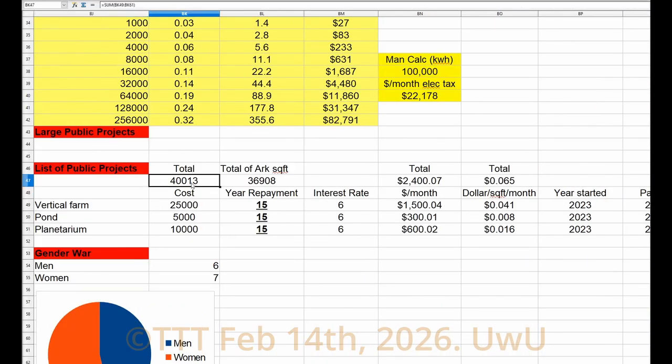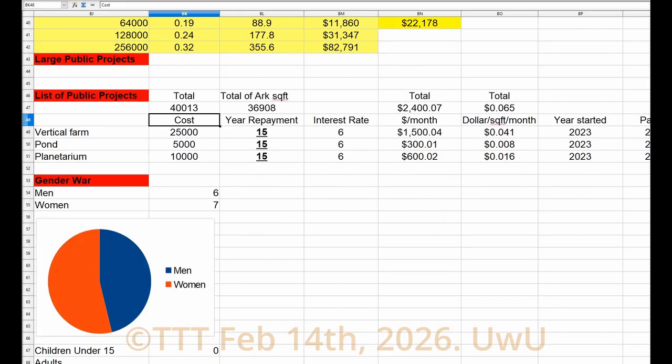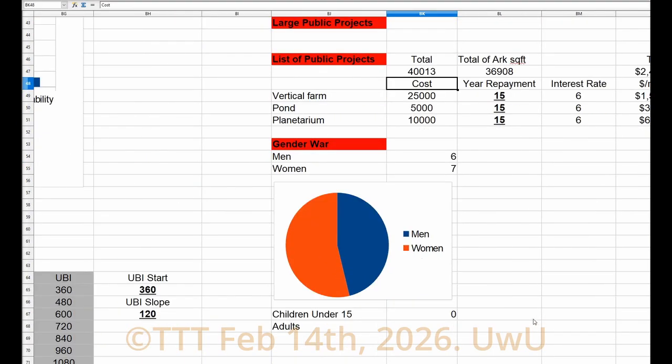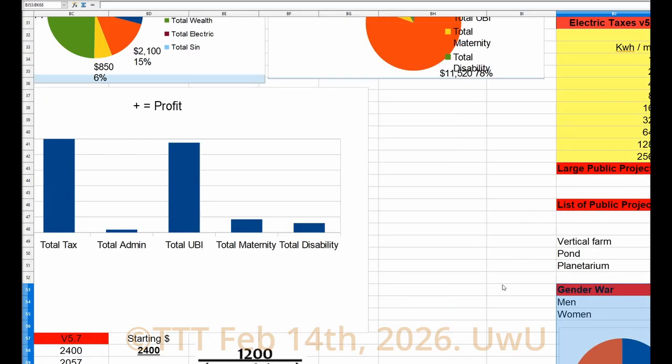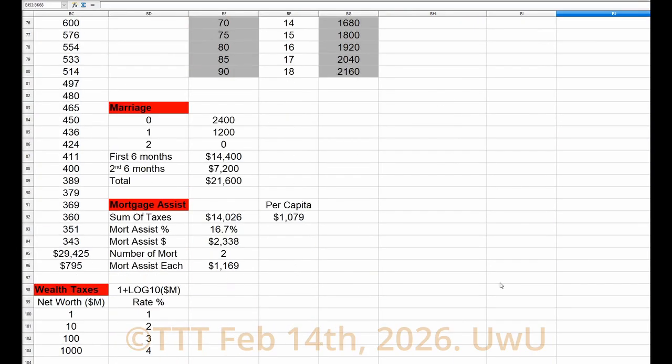We're $40,000 in debt. Why is it 13? It should only be 40. Where did this 13 come from? Oh. Whoops. I put this gender war here when this is supposed to be for more public projects. I was like, what? Where did that 13 come from? So we're gonna move this over here.